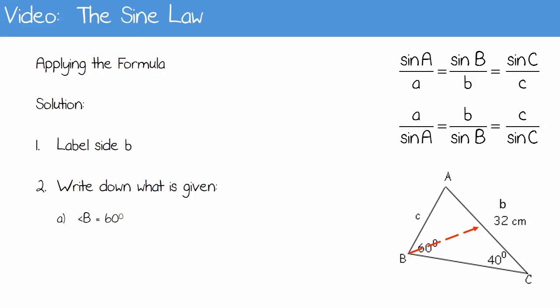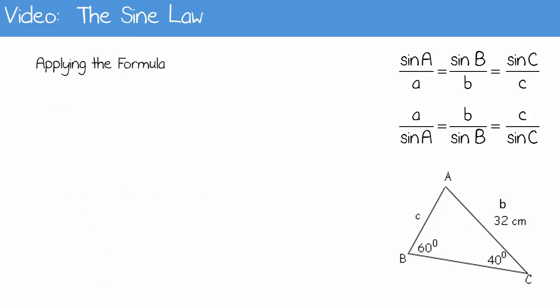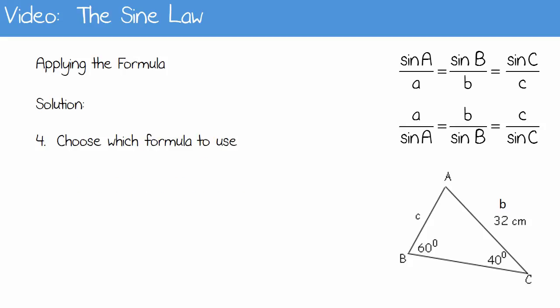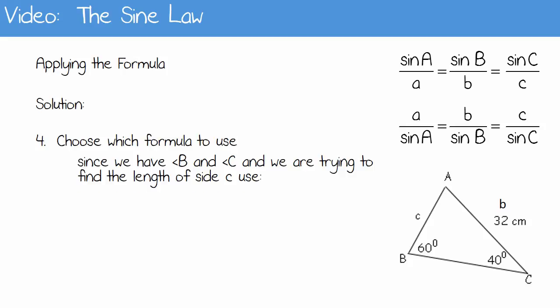Angle B is 60 degrees. Angle C is 40 degrees. Side b is 32 centimeters. Write down what is required: the length of side c. Choose which formula to use.